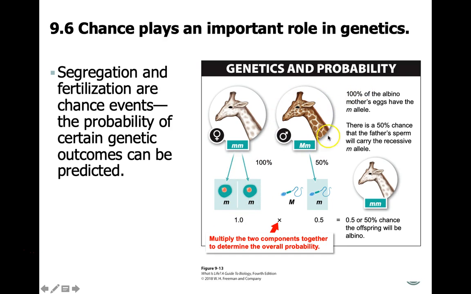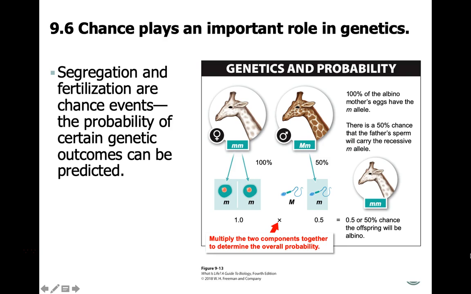Now, dad is heterozygous. The probability of him passing on the dominant allele is 50%. The probability of him passing on the recessive allele is 50%. So there's a 50% chance that dad is going to pass on the recessive allele.